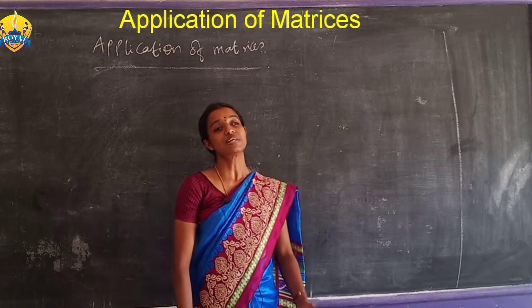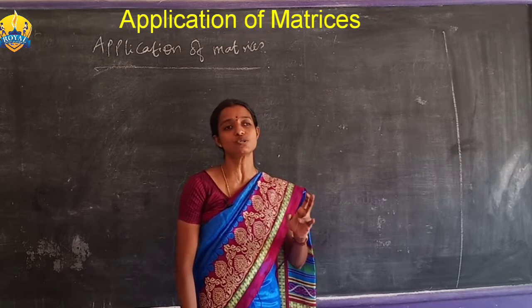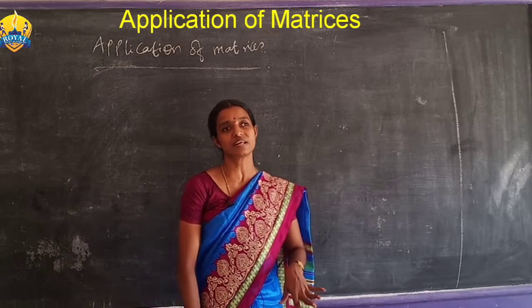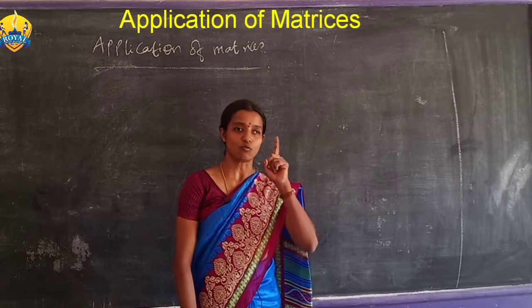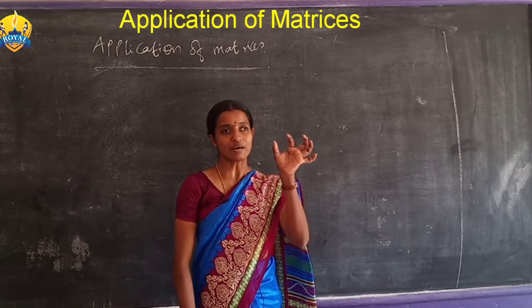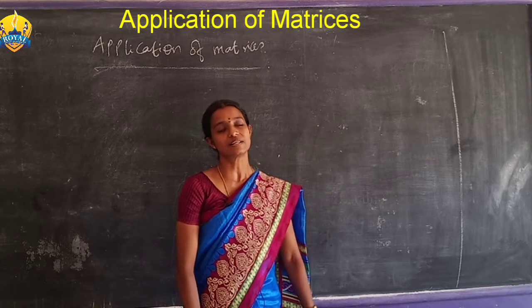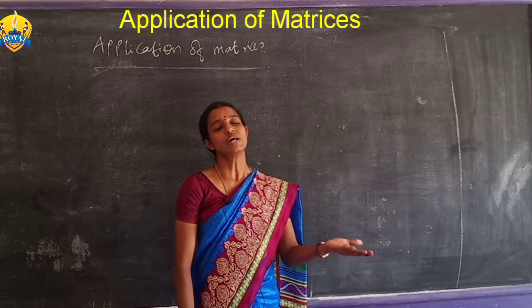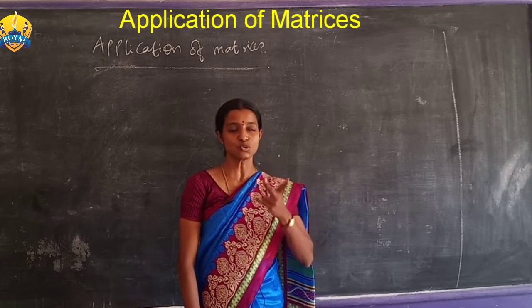A linear equation is introduced in your 7th and 8th standard, finding an unknown value for one variable. If you have a linear equation in one variable, you solve for that and get the result. Next, when you upgrade to 10th, you have linear equations in two variables.